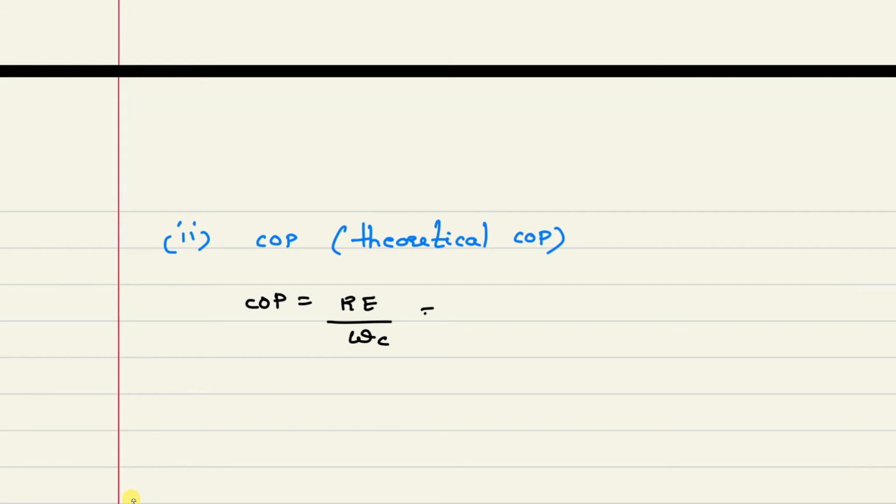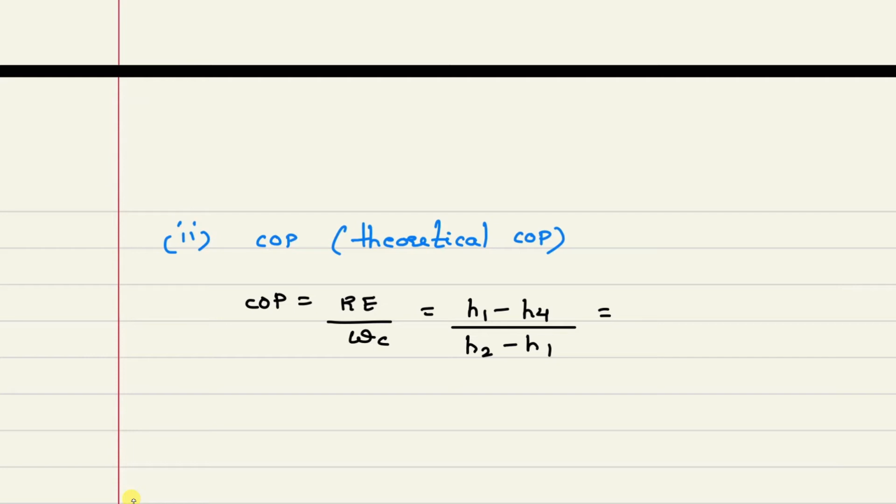Second part, COP we have to calculate, and we are calculating theoretical COP. So COP is equal to refrigerating effect upon compressor work. Refrigerating effect, it will be H1 minus H4 upon compressor work H2 minus H1.